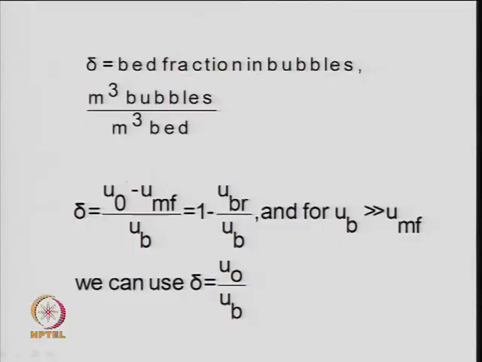When you put the gas above UMF, now particles are moving up, bubbling in the bed, and in between you have pockets of the gas. So, that can be correlated with U0 and UMF. So, delta is effectively 0 when it is a packed bed, no gas in that, and this is U0 minus UMF divided by UB, the bubble velocity. So, one can find out all these parameters and then design a fluidized bed reactor.